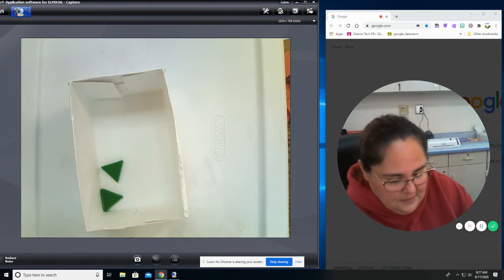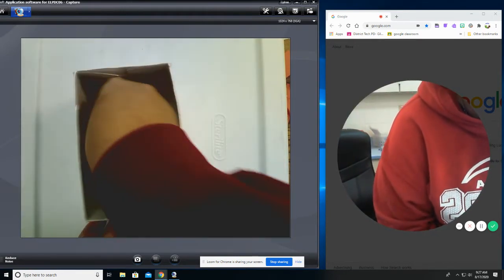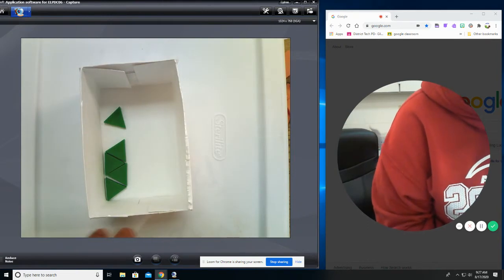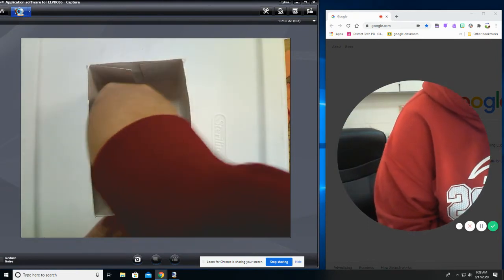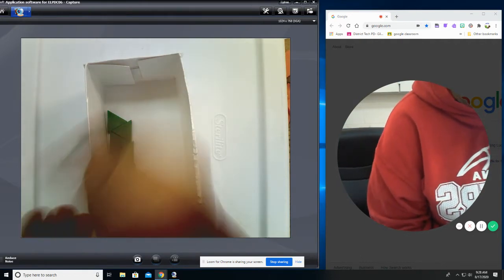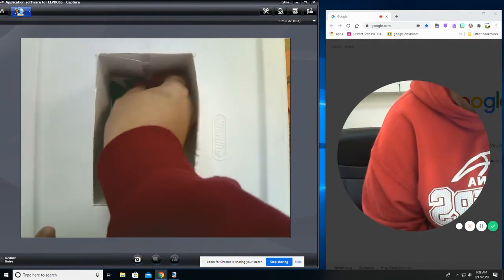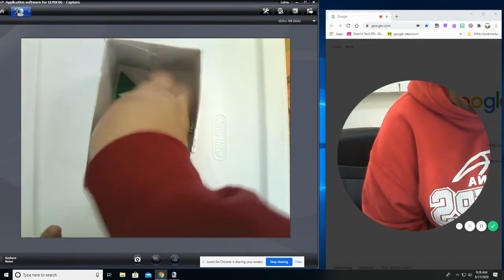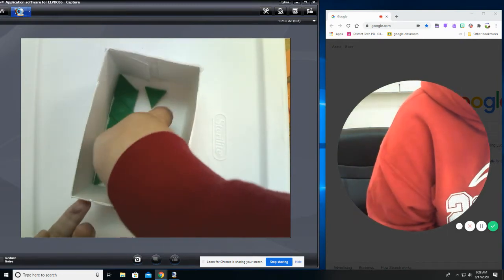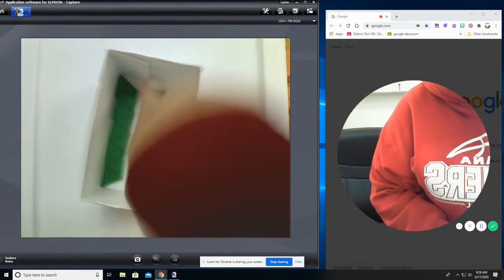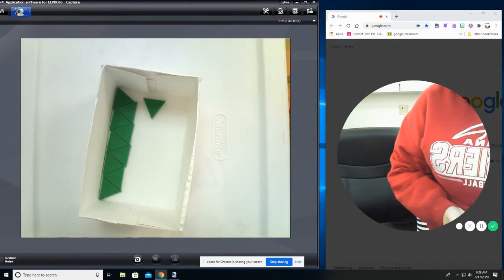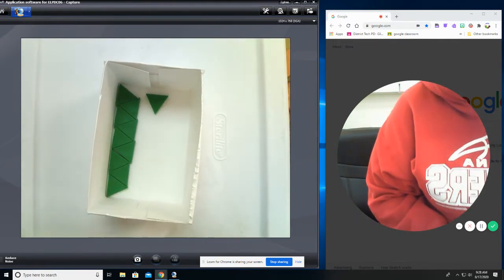Let me see what we can do. I'm trying to make sure there's like touching and as close together as possible. Now, notice that there's no way I can fit another triangle right there on the end or right here on this end because it's not small enough.